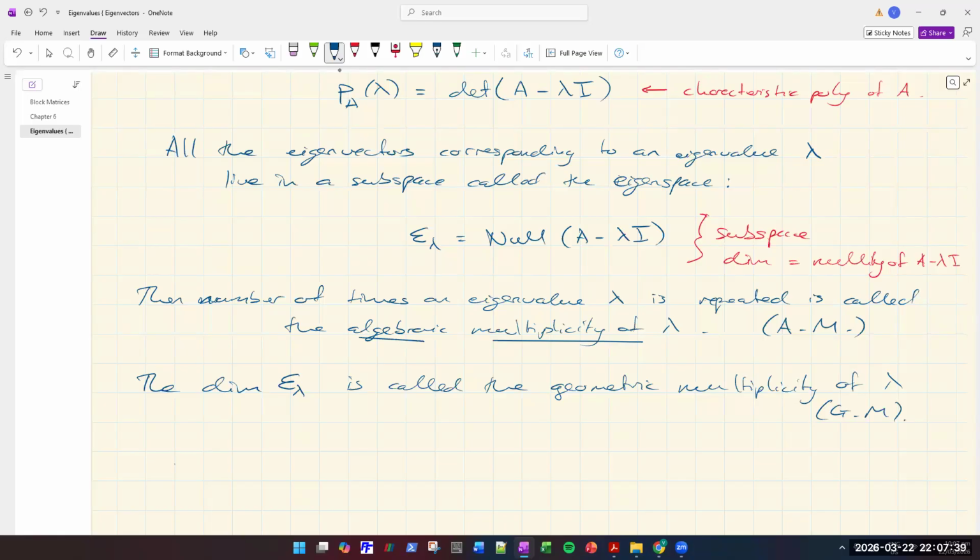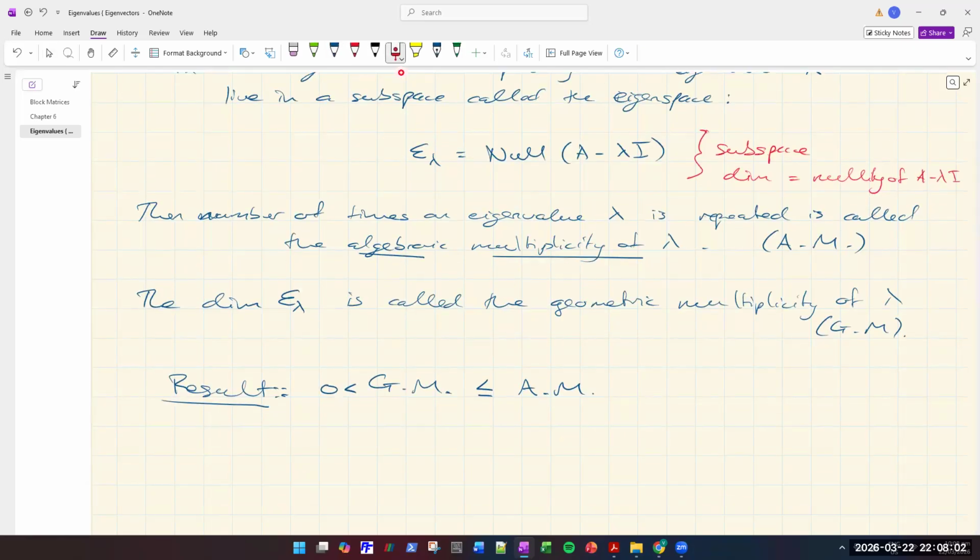And there's a theorem, it's in the notes, that says that the geometric multiplicity is always less than or equal to the algebraic multiplicity. Okay, and of course these values must be bigger than 0.